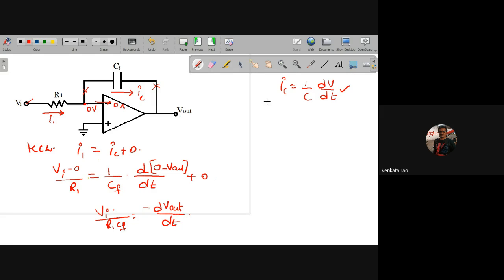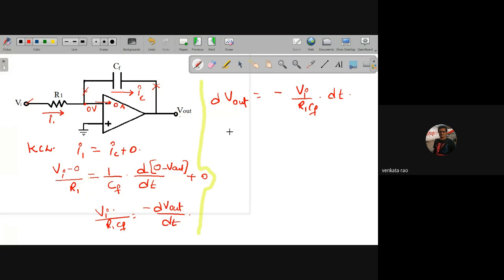Now from this we can write, just integrating both sides, dV naught equal to minus Vi by R1 Cf into dt.